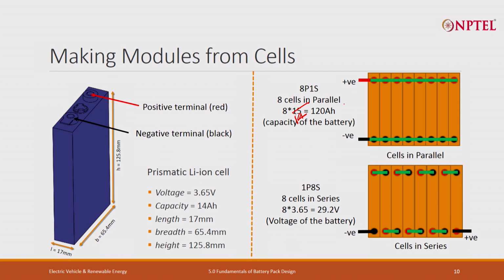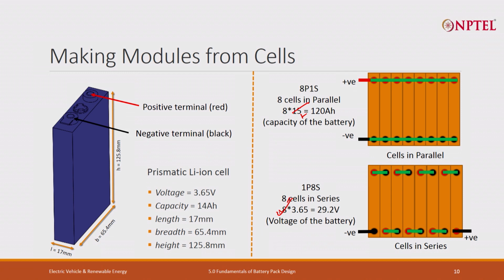So, this becomes 112 Ah. Now, if I want the module voltage to be 29.2 volt, what do I have to do? You divide whatever voltage you require by the nominal voltage of the cells. So, you require 8 cells to reach 29 volt.